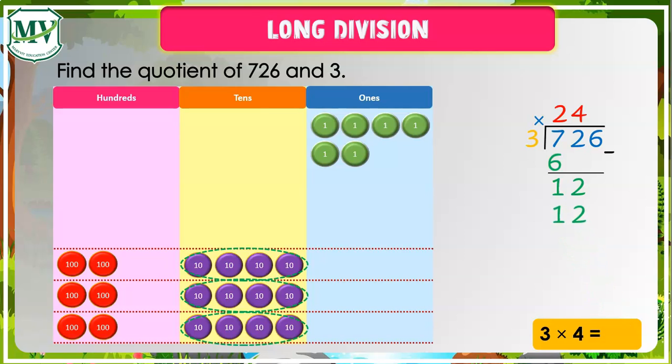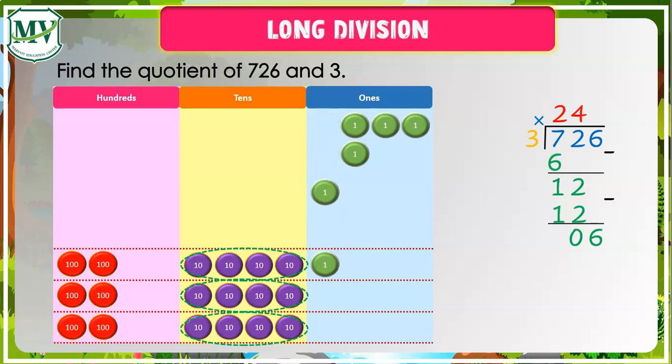Now, let's subtract these 2 numbers, and that gives us 0. Then let's bring down the last digit. This time, let's divide 6 ones into 3 equal groups.